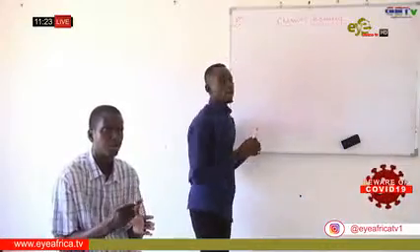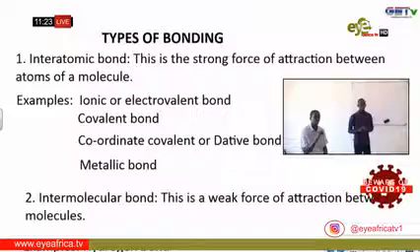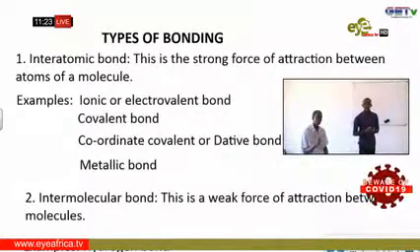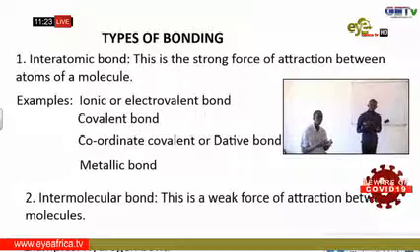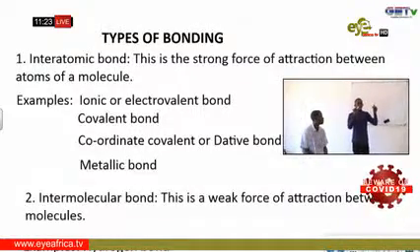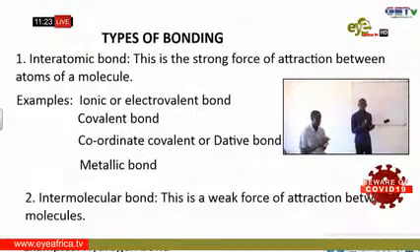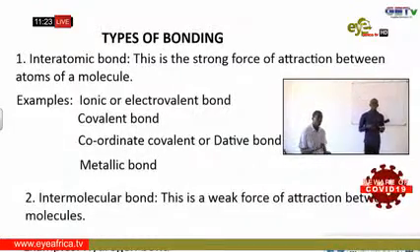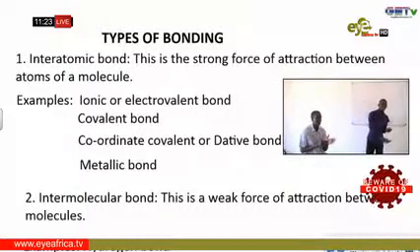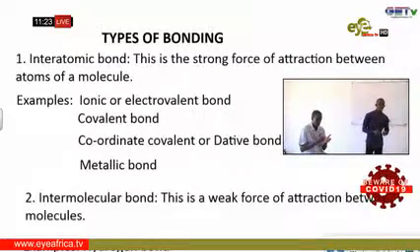The examples are: 1, ionic or electrovalent bond; 2, covalent bond; and 3, coordinate covalent or dative bond. This coordinate or dative bond is a type of covalent bond in which the electrons needed for bonding are donated by a single atom.